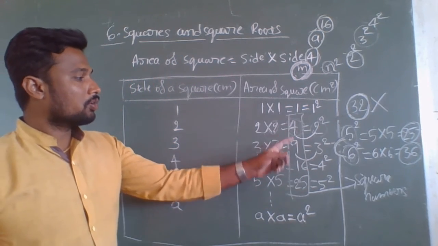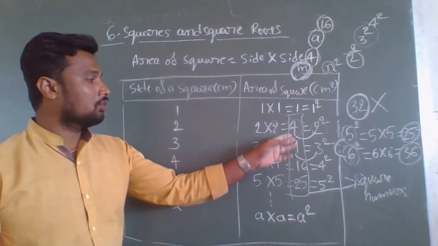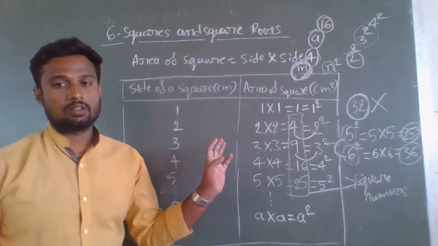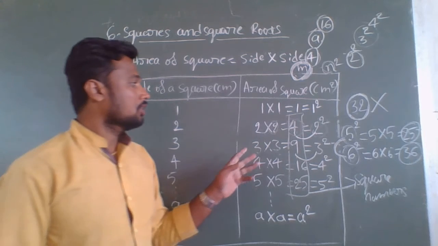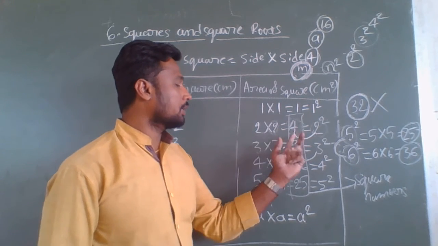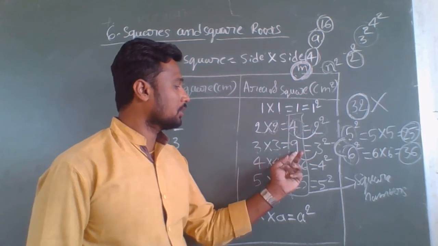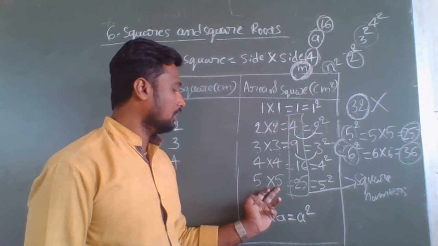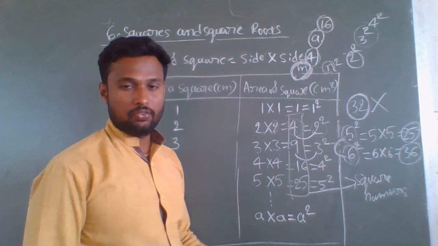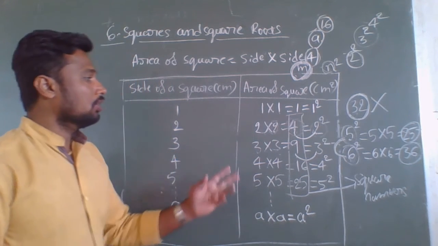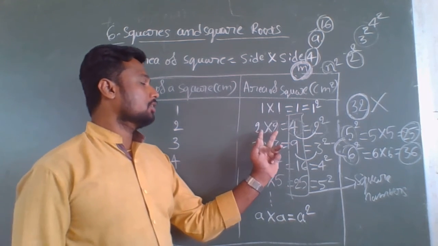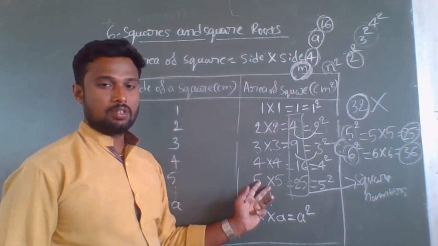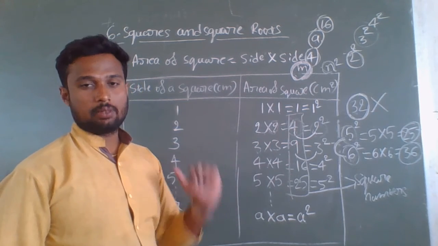But 4, 9, 16, 25 are all square numbers, because 2 two times gives 4, 3 two times gives 9, 4 two times gives 16, and 5 two times gives 25. So you got to know that when you multiply these natural numbers two times, you get these square numbers.